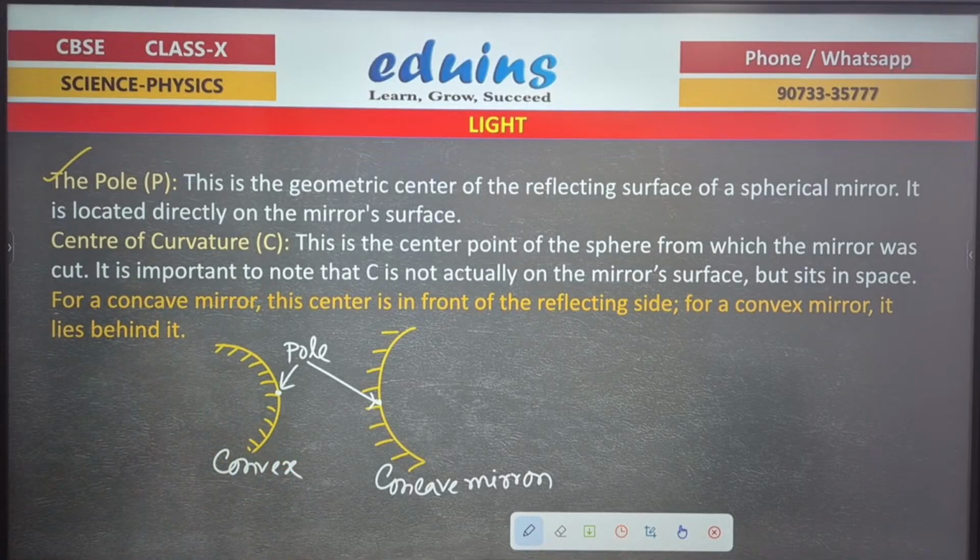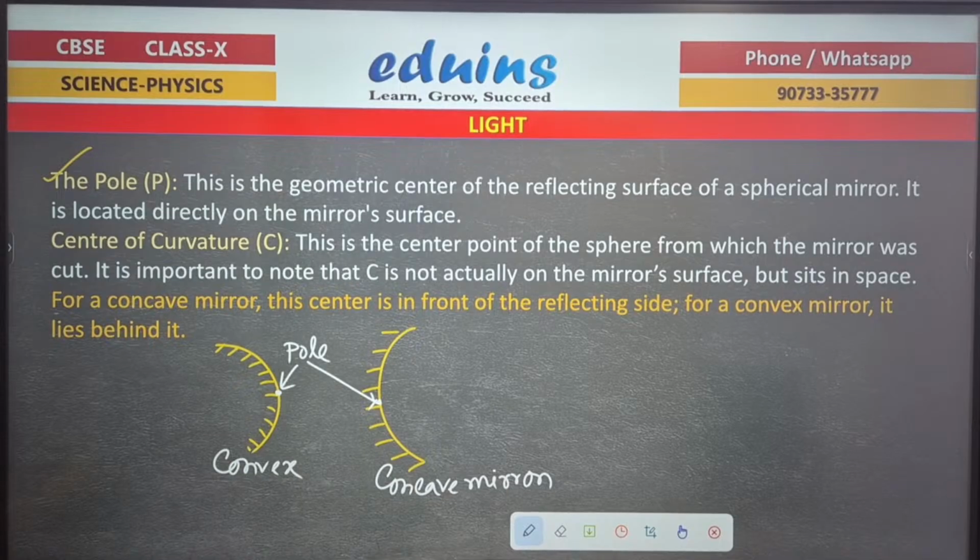Now, we have to know about the center of curvature. What is the definition? This is the center point of the sphere from which the mirror was cut.